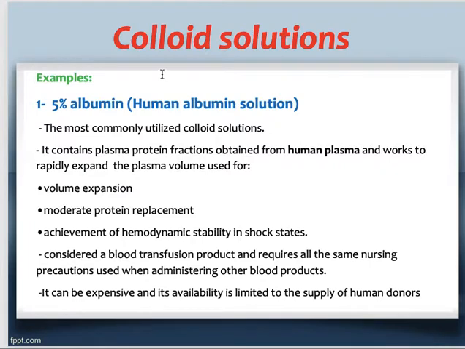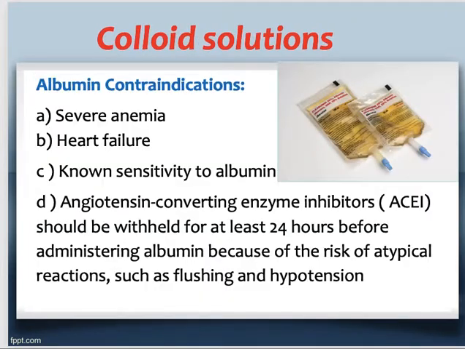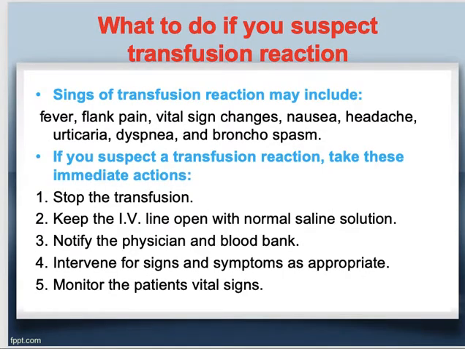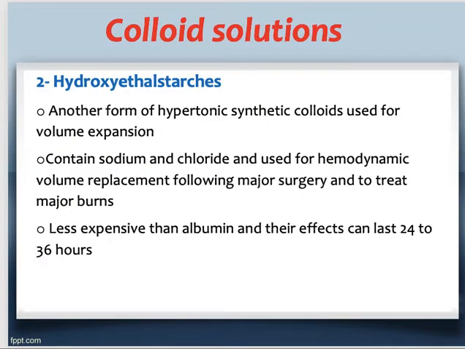But of course, all the colloid solutions are expensive. There are certain conditions in which we cannot give albumin, and we must keep that in mind. This one is about the transfusion reactions, which we are not discussing now. Other colloid solutions: there is hydroxyethyl starch, right?